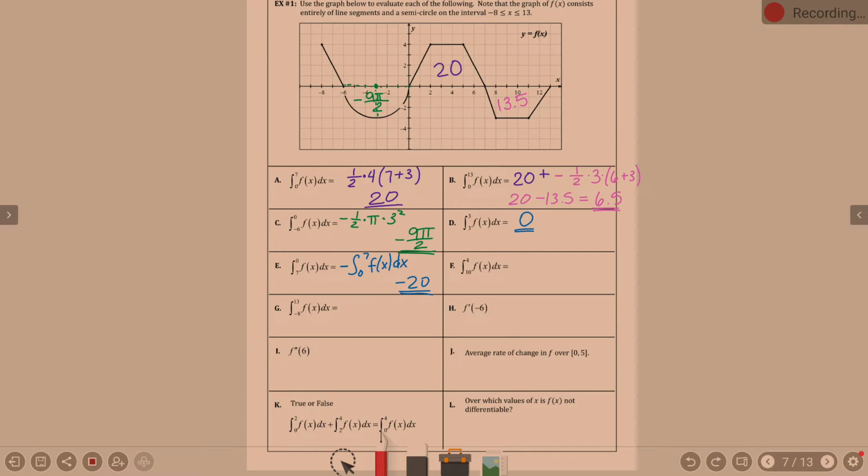No, we should probably talk from 4 to 10. So I'm going to rewrite this as the negative integral from 4 to 10 of f of x dx. So that means I'm doing the negative of whatever I find here. Okay, what are we doing? 4 to 10.